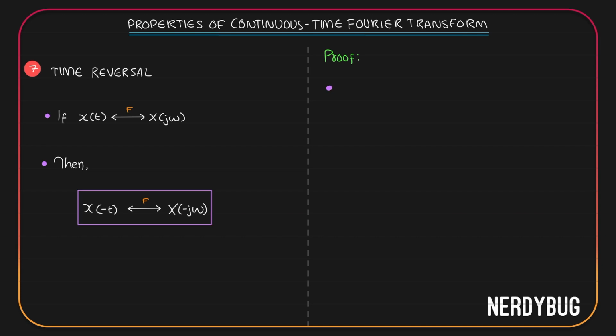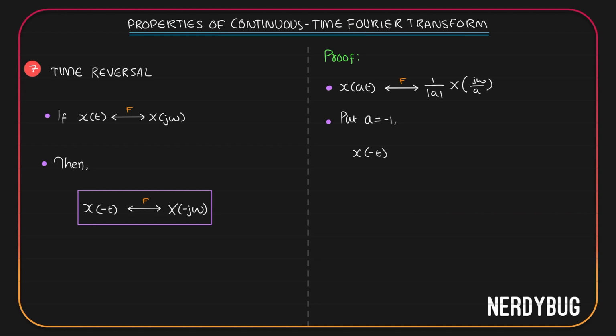From the time scaling property, we have the Fourier transform of x of at is 1 by mod of a X of j omega by a. If you give a is equal to minus 1, then you get x of minus t, which is time reversal. So to prove the time reversal property, simply put a is equal to minus 1.